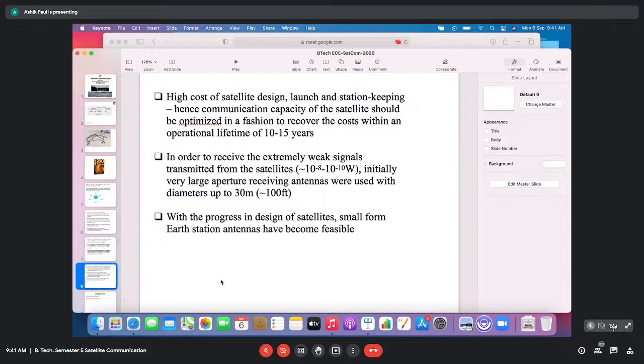So, the high cost of the satellite design, the launching cost, and also the station keeping. This is a term like housekeeping, which is used in the hospitality industry to mean that they clean the linen used in the hotels and things like that.